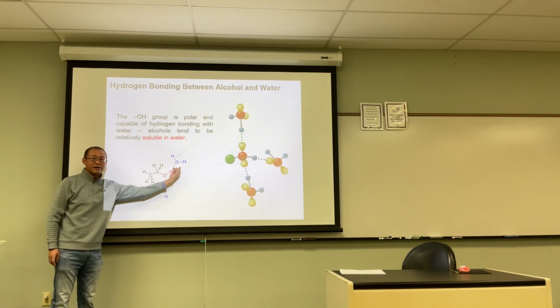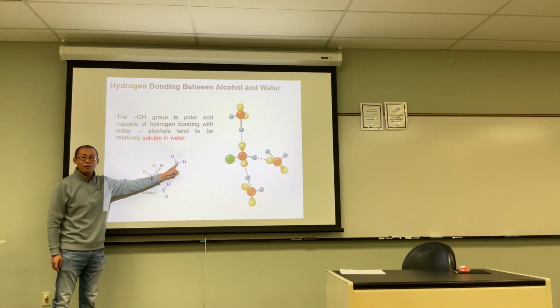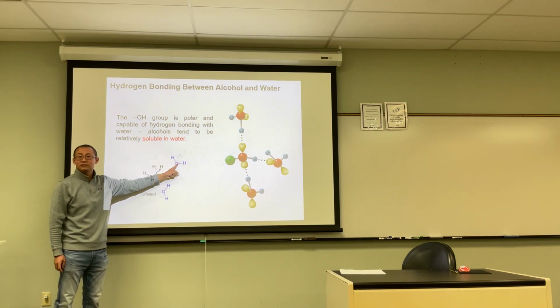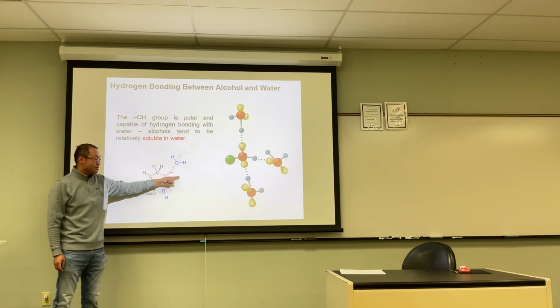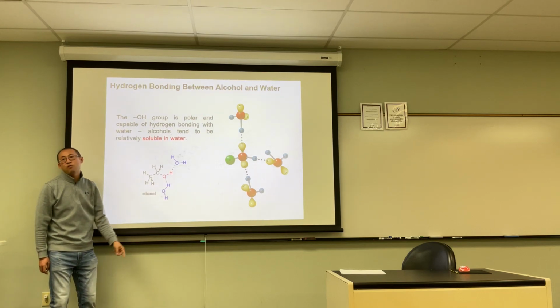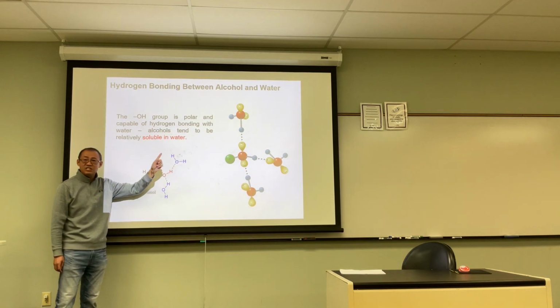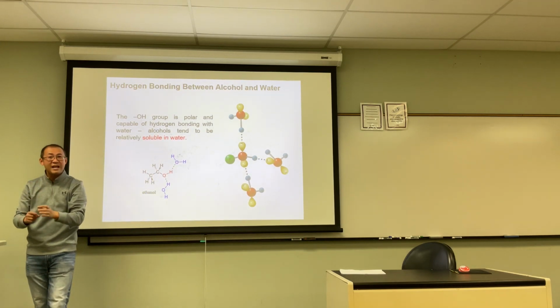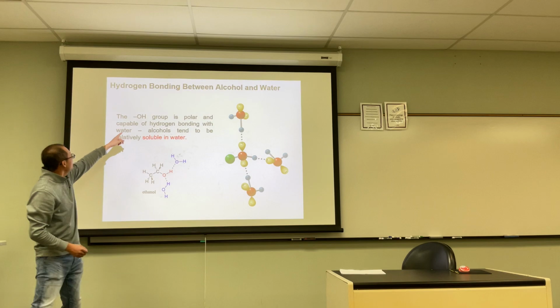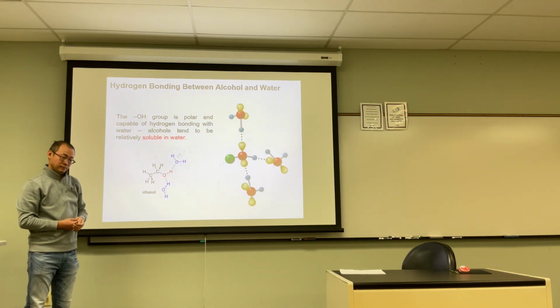Take a look at what they are doing. The positive H from the alcohol interacts with the negative O of water. Do you see that? The negative O of the alcohol interacts with the positive H of water. O interacts with H, and that dashed bond interaction we give a name: hydrogen bonding.